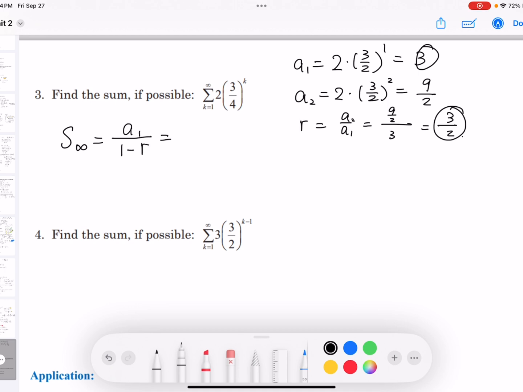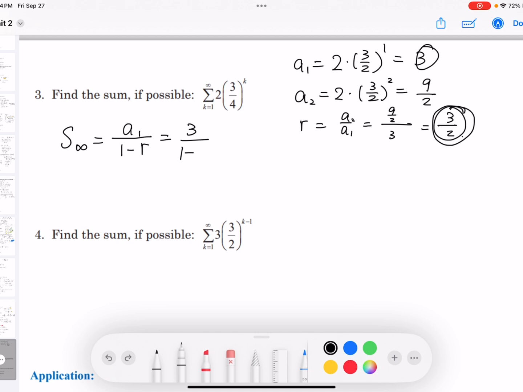Yes, so put 3 on the top. 1 minus r is... where is my problem? a sub 2. Okay, because the r here is 3 over 2 and here is 3 over 4. I want to check where is my mistake. I think there must be some problem with a sub 2. It is 2 times 3 over 4.